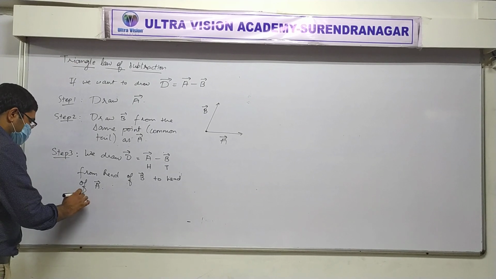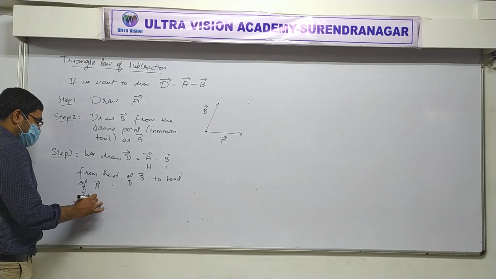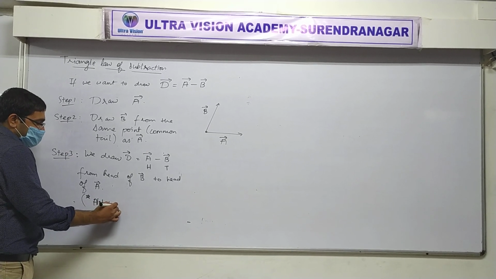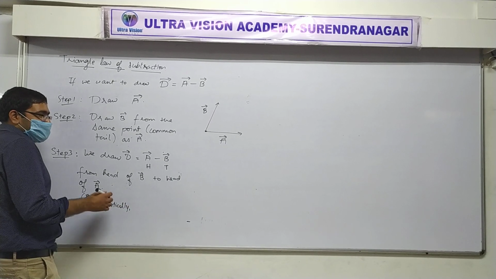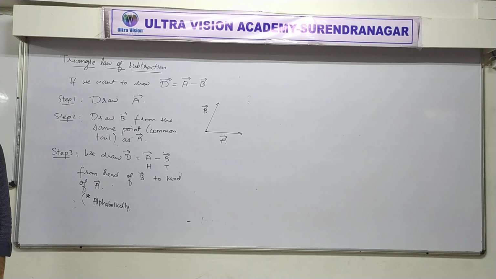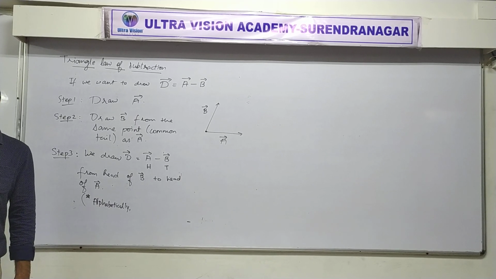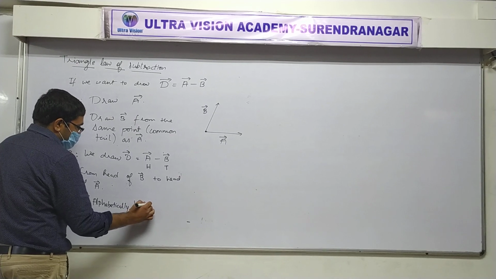Write below, this is the trick to remember this. Alphabetically, you will understand. According to alphabet or according to dictionary, which comes first, head or tail? Head. Are you sure? H comes first. H comes before T. Yes or no? So alphabetically H comes before T.